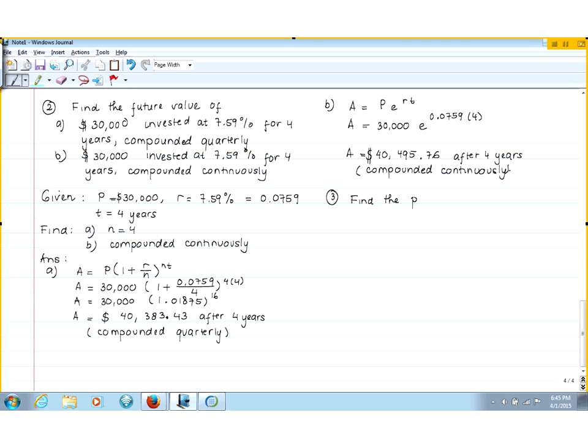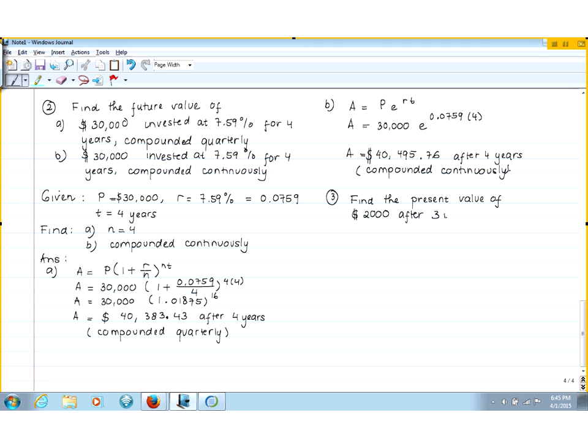All right. So find the present value of $2,000 after 3 years at 5%. Maybe I should just write them all together.